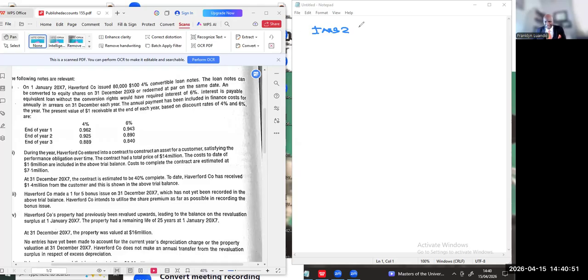We also have another standard, IFRS 9, measurement of financial instruments in the books of the holder and the books of the issuer. We also have IFRS 7, which is disclosure of financial instruments. So we have three standards here.